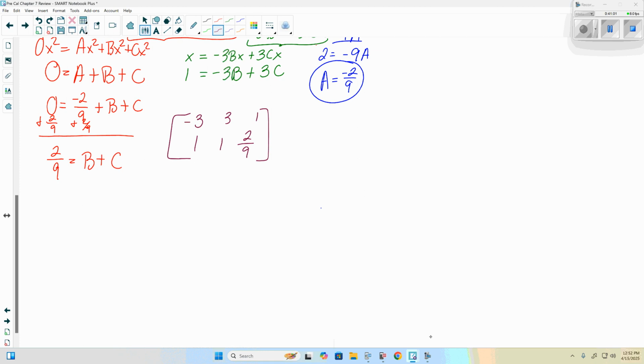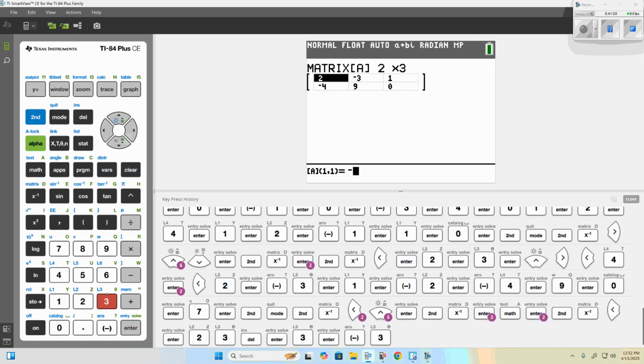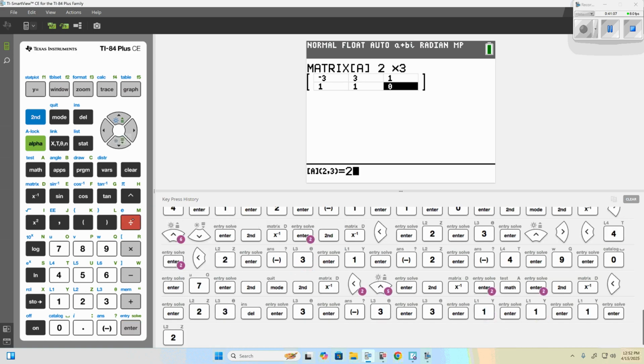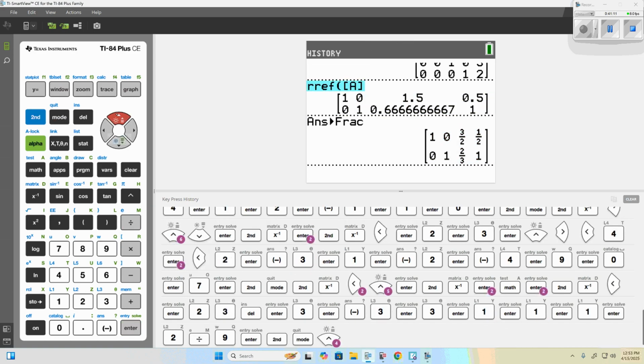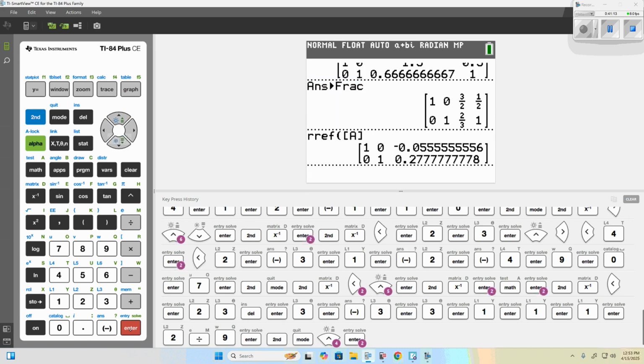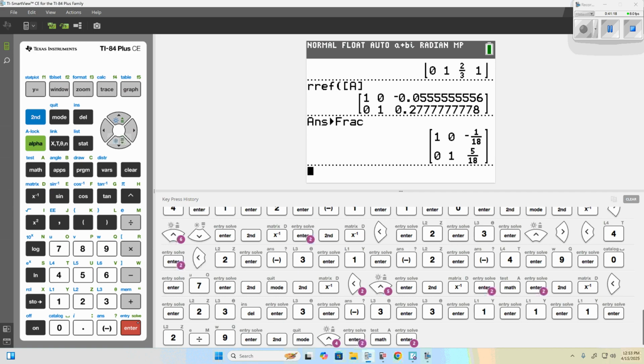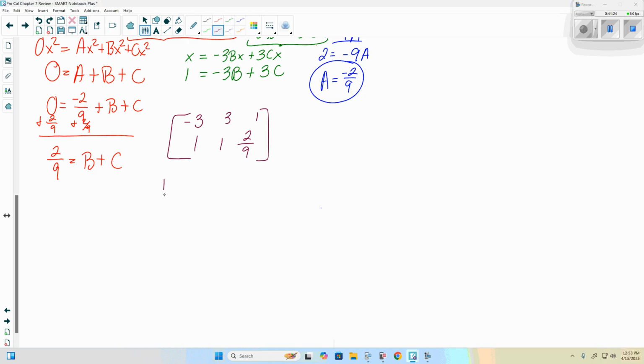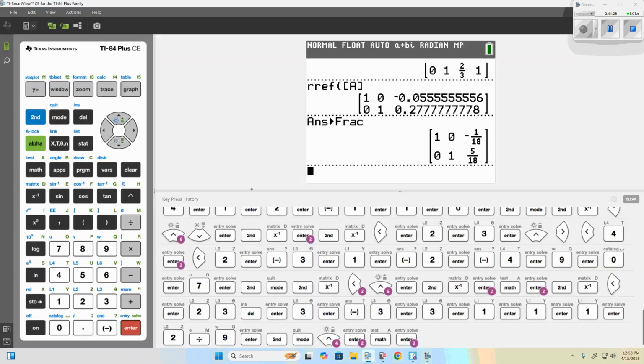Negative 3, 3, 1. 1, 1, 2 ninths. Negative 1/18 and 5/18. b went first, and then c. So negative 1/18, 5/18.